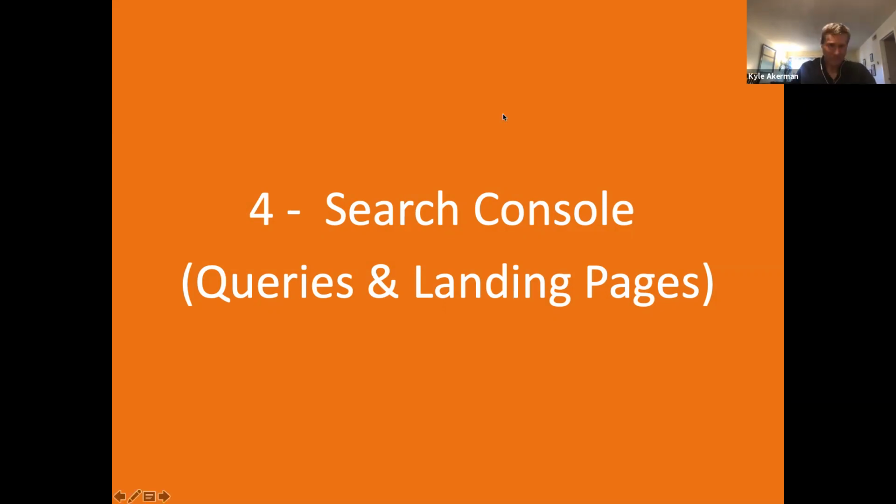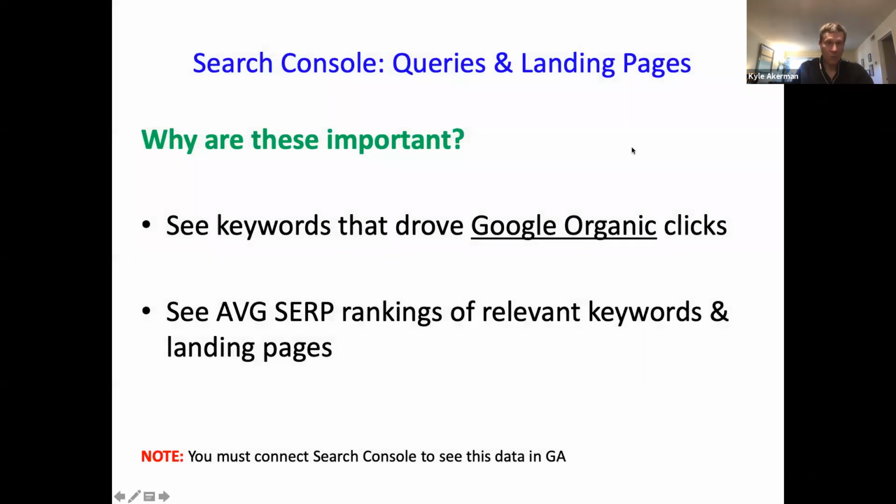Search Console. Now you may not be familiar with that term. It's formerly Google Webmaster Tools; it was rebranded a couple of years ago. In here, we can see queries, that's search queries, and landing pages. Why are these important to look at?